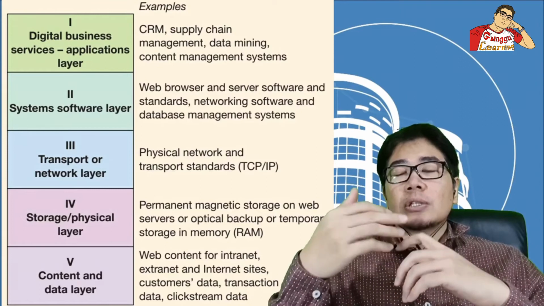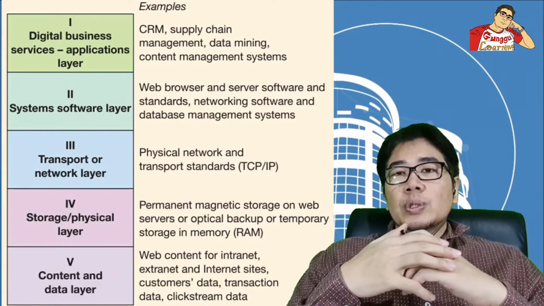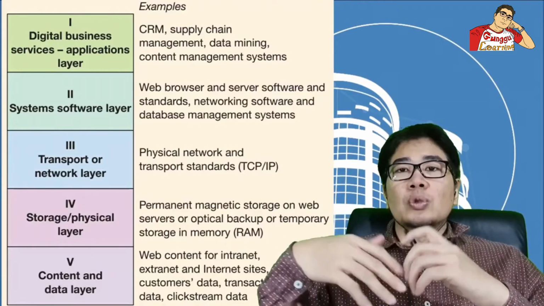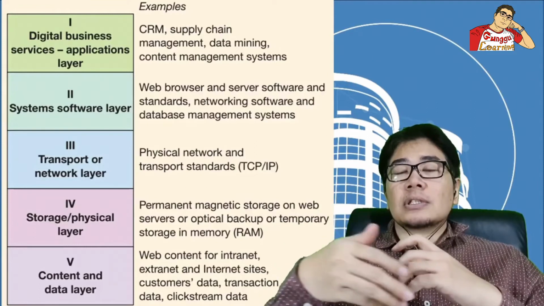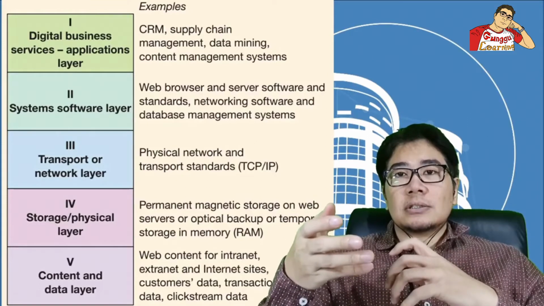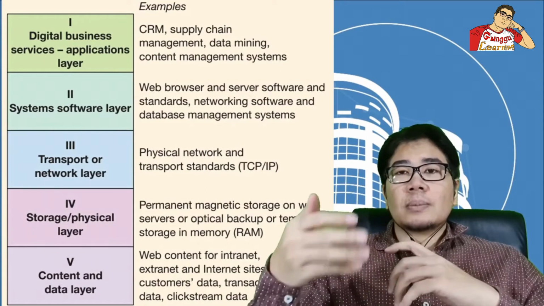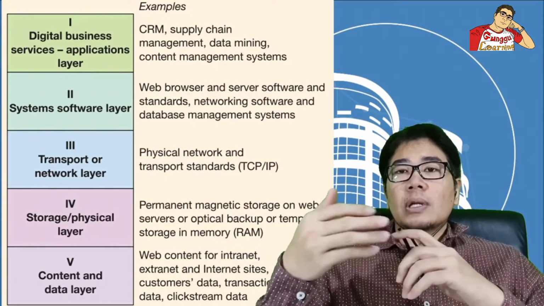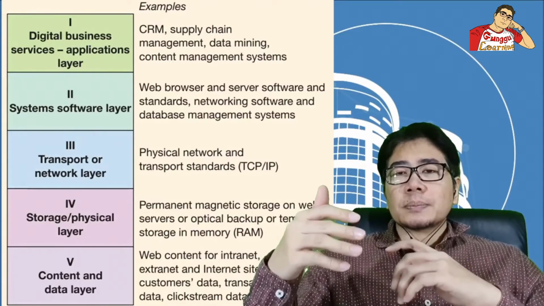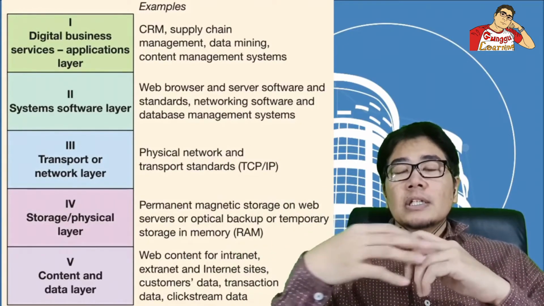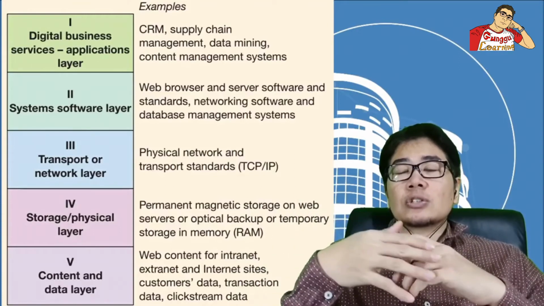And the first layer represents managerial issues on how management produces value-added digital business services to the customers. Management needs to make decisions, especially on the second, third, and fourth layers, as a foundation to capture data accurately from the fifth layer, and also to produce the best digital business services on the first layer.